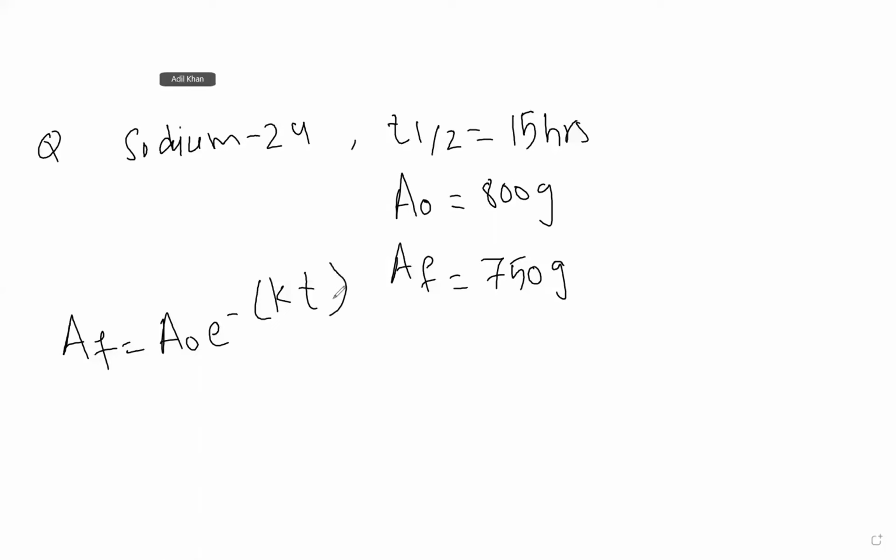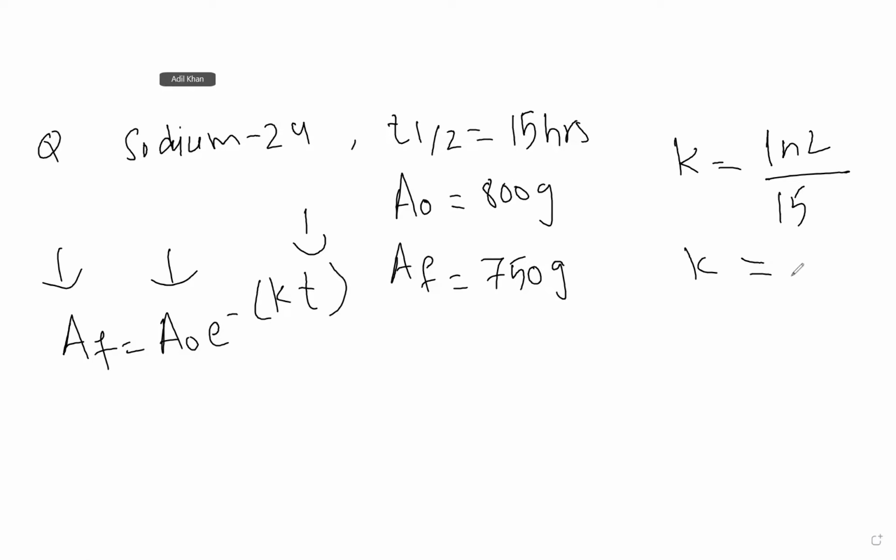Notice the change here. Now we have the A final and A initial. We can find the k because we have the half-life, but we don't have t. So this time we'll have to solve for t. Let's solve for k first. k is going to be ln of 2 divided by the half-life, which is 15 hours.